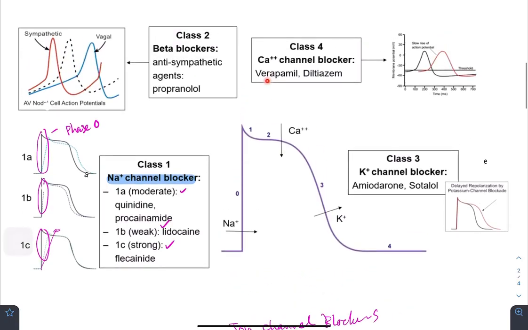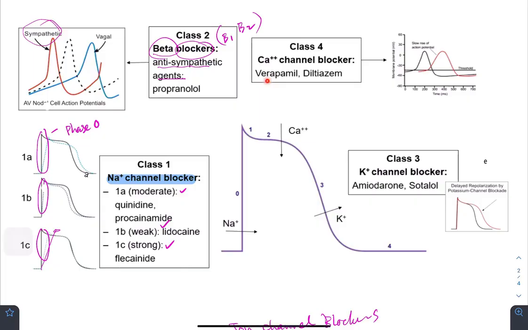Class 2 is just your anti-sympathetic agent. Those are basically your -olol drugs. They are beta blockers. It could be beta 1, beta 2, or the non-cardioselective one, which is both 1 and 2. And this diagram shows it affects the autonomic nervous system, in particular the sympathetics.